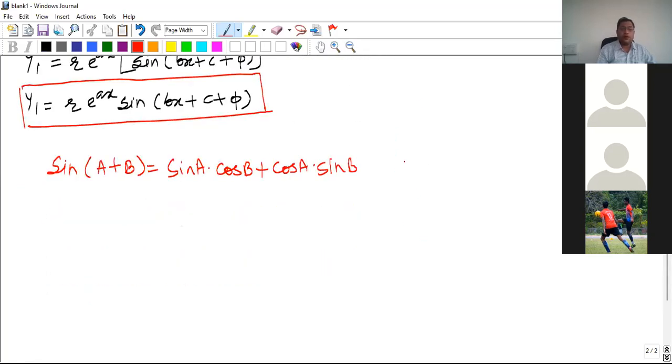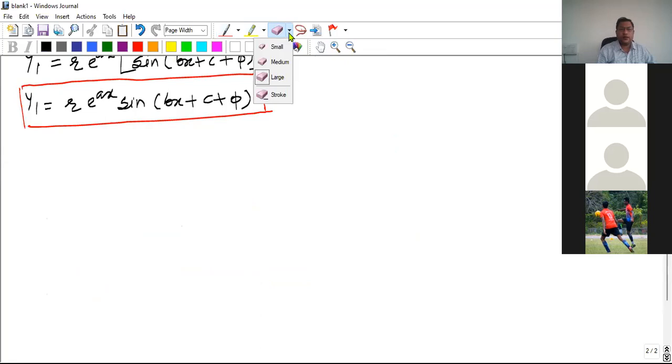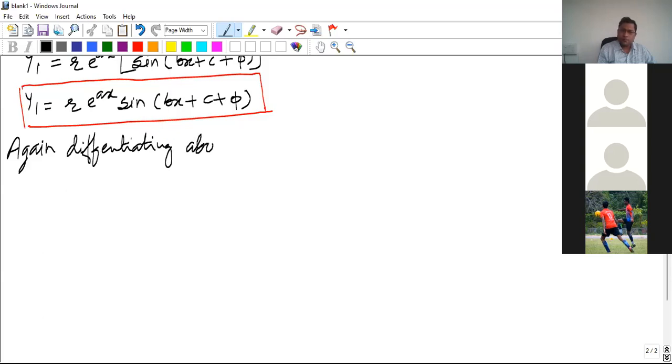Now we want the next. So what we have to do to get the next derivative? We have to go for differentiation of this first derivative. So let us differentiate again. So what we can say is, again differentiating the equation, we get y2 is equal to r e raised to ax.